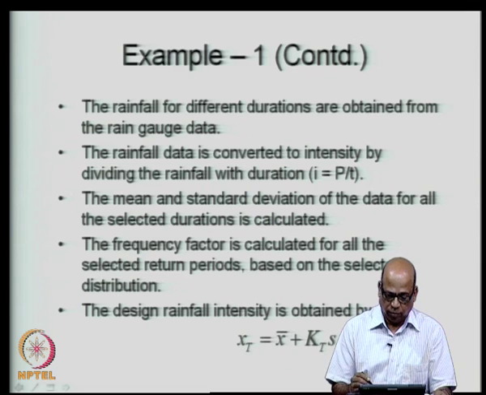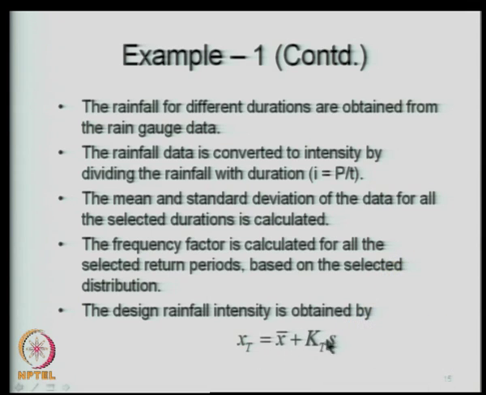So, we are using this expression x_T equals x bar plus K_T times s. x bar and s are estimated from the sample values that you have for that particular duration, and K_T is the frequency factor which we obtain for the selected distribution. Let us say it is extreme value type 1 distribution, you have K_T for various return periods T.